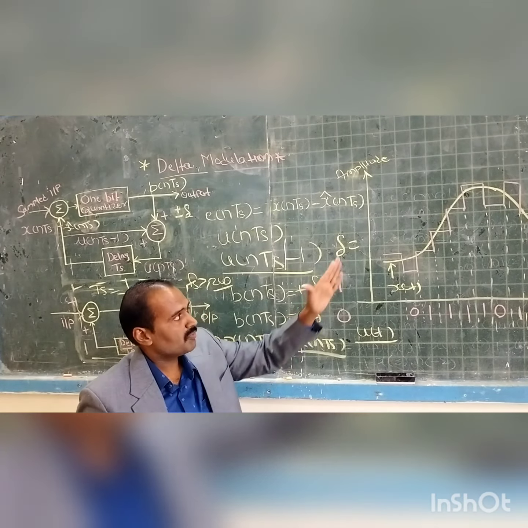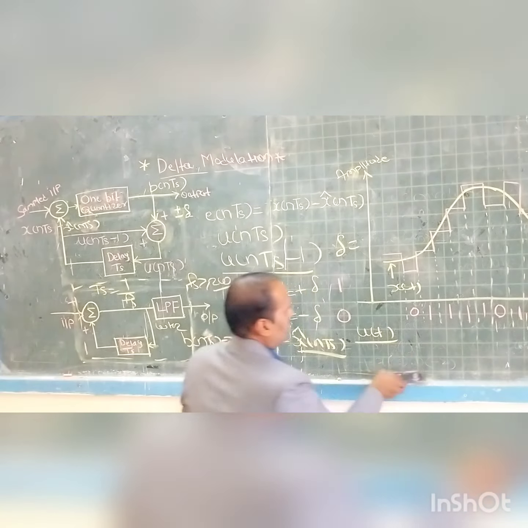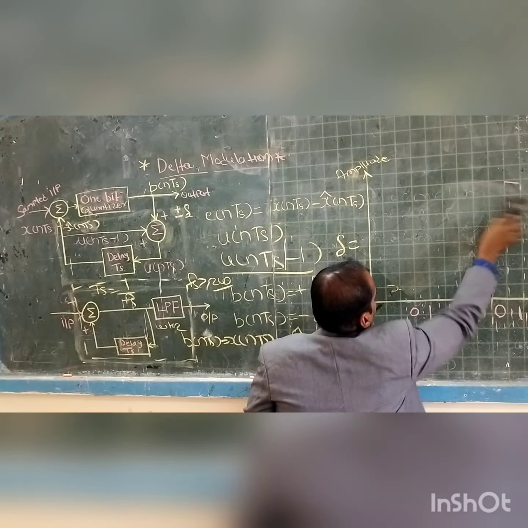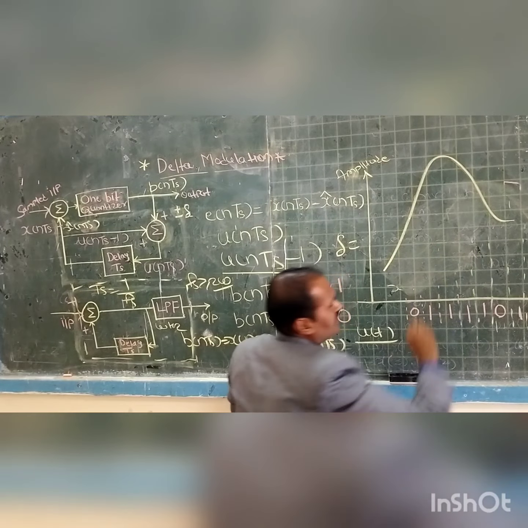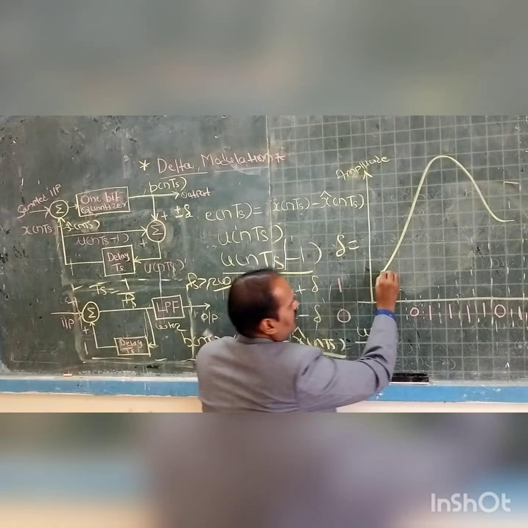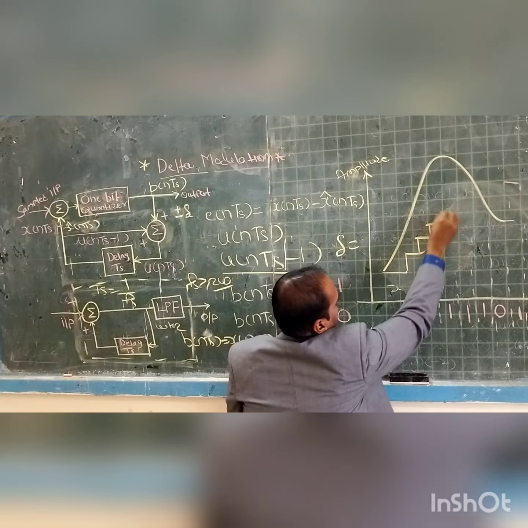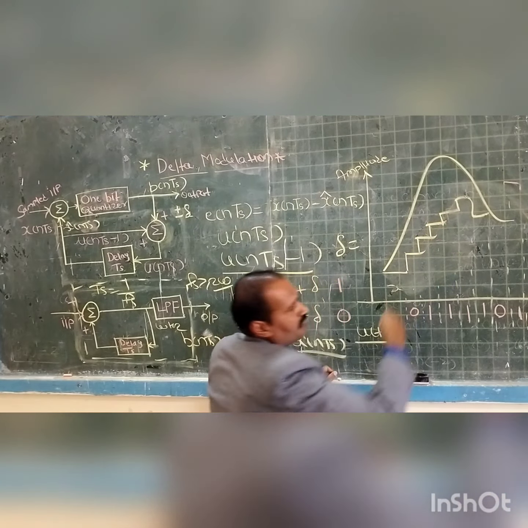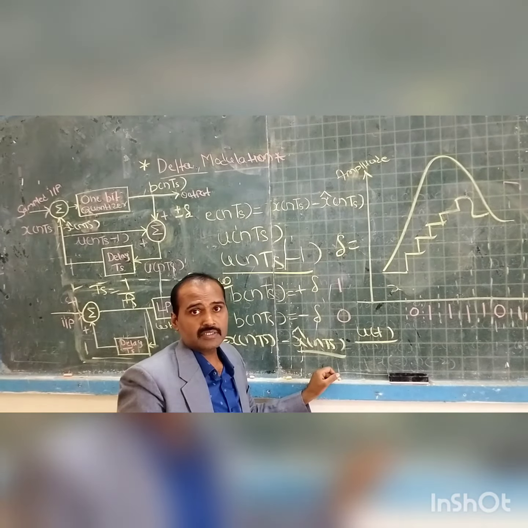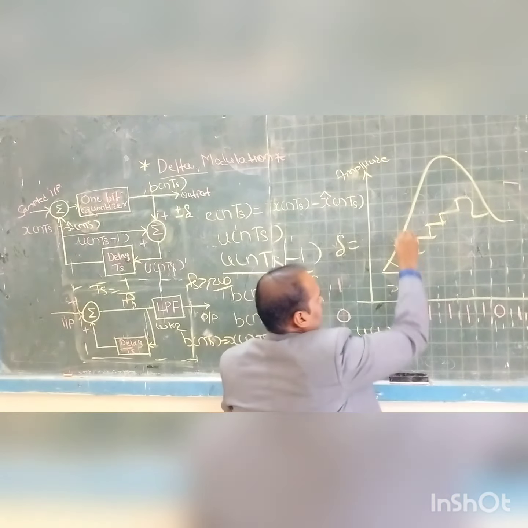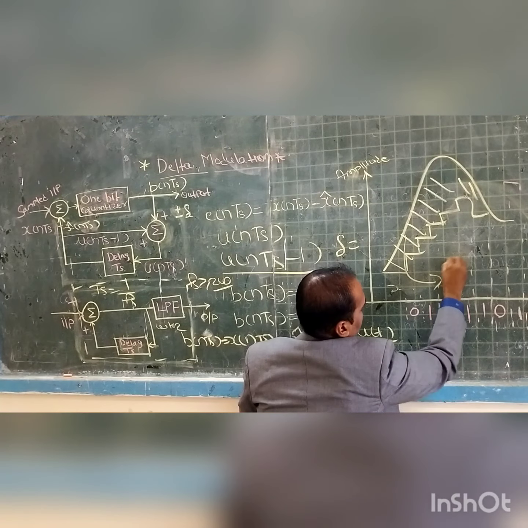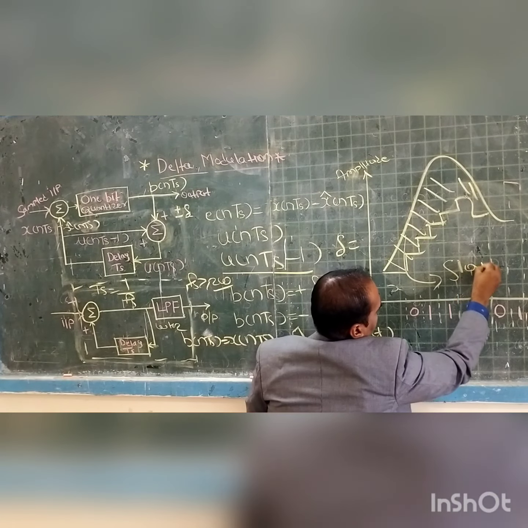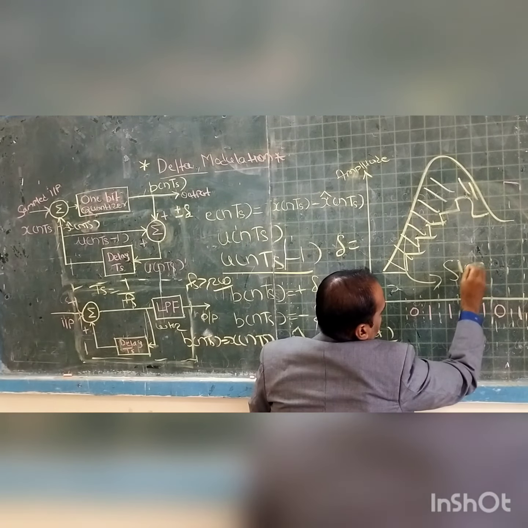If the slope of this continuous time signal is very high, the staircase approximated signal will fall behind the continuous time signal. Due to this, we get a distortion, which we call slope overload distortion.